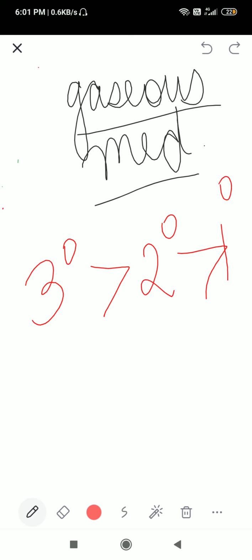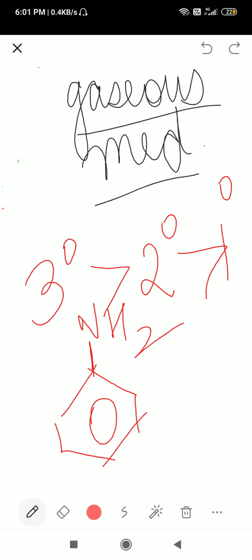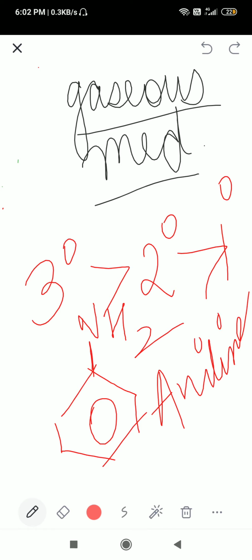But in the case of aromatic compounds, the benzene ring offers steric hindrance and also a minus I effect. Take aniline. Aniline will be less basic, because in aromatic amines the benzene ring offers a minus R effect.